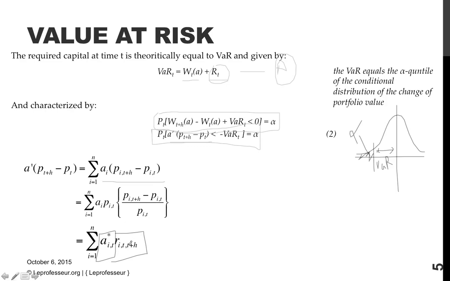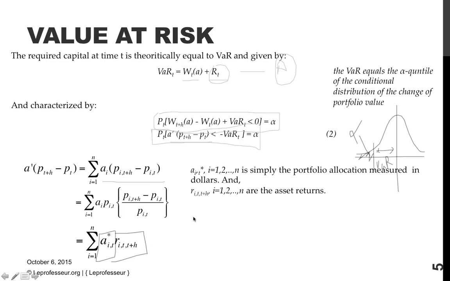So A into R. The first thing to note here is that the A star are simply the portfolio allocations measured in dollars, because we multiplied the composition with the price of each stock in our portfolio.